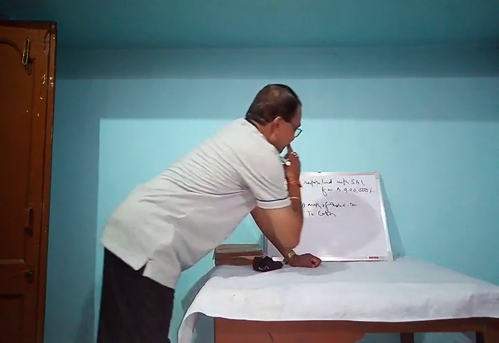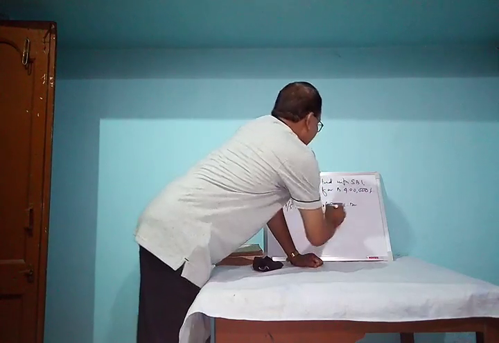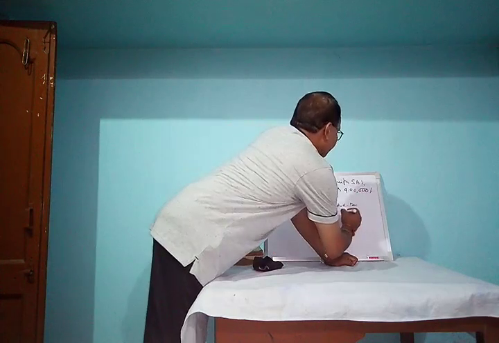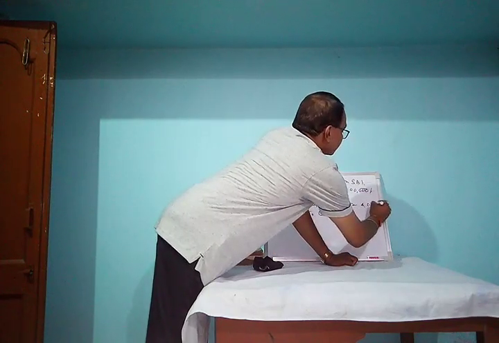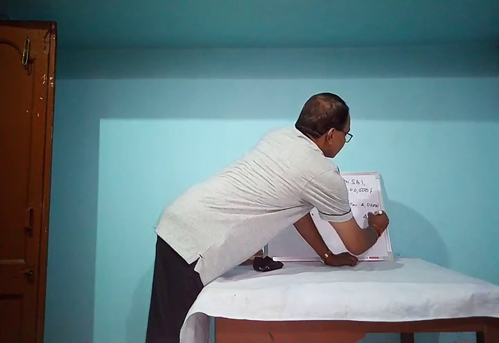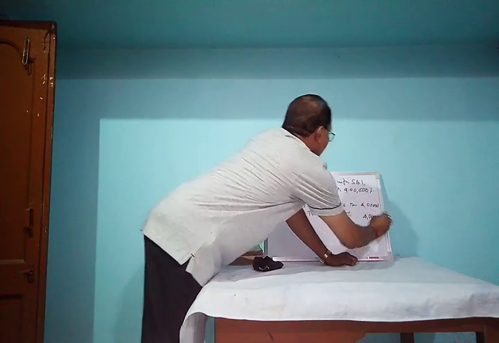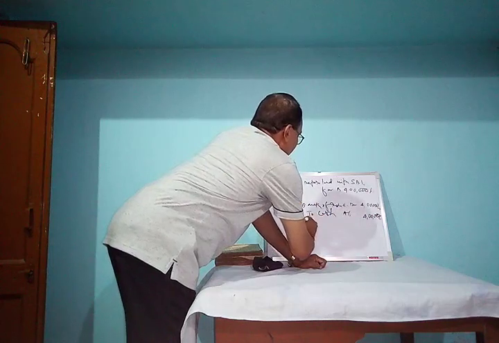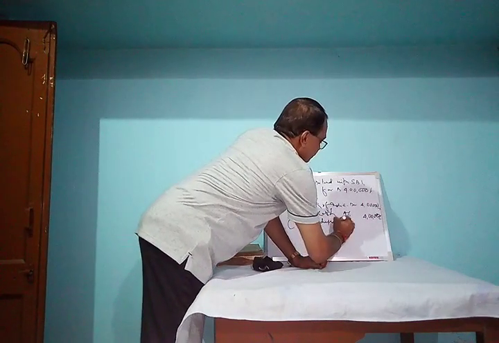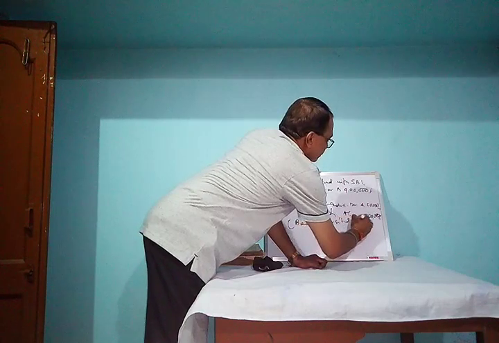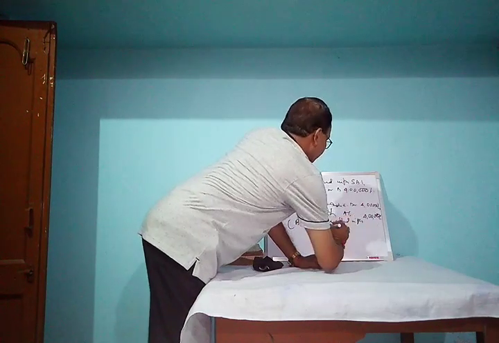What goes out from our business is cash. So SBI account debited to cash account, naturally 4 lakhs. Being deposited with cash, with bank.